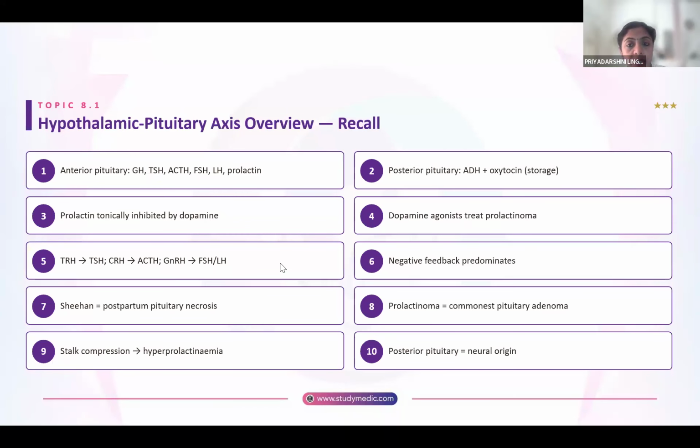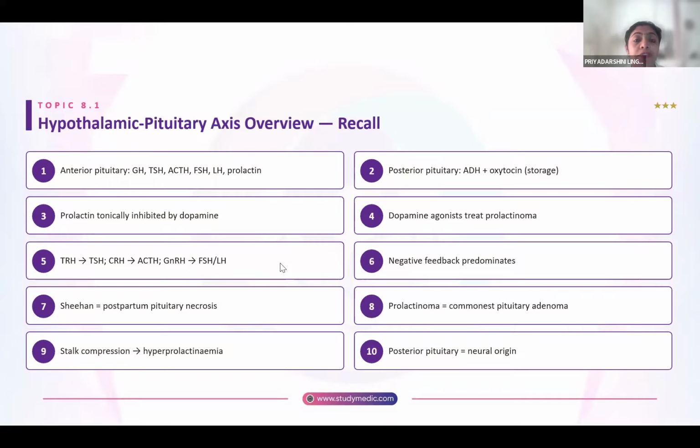Posterior pituitary is nothing but your antidiuretic hormone. Prolactin is tonically inhibited by dopamine. So dopamine agonists like cabergoline are used to treat prolactinomas. TRH is for TSH, CRH is for ACTH, and GnRH, pulsatile secretion of GnRH, is for FSH and LH.